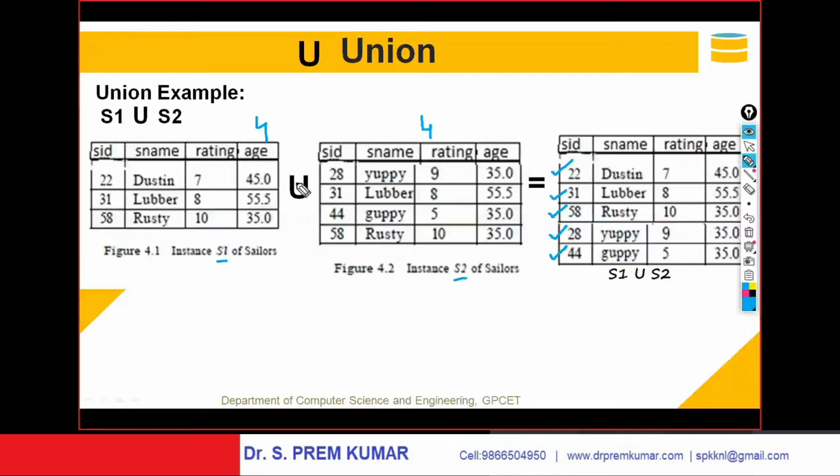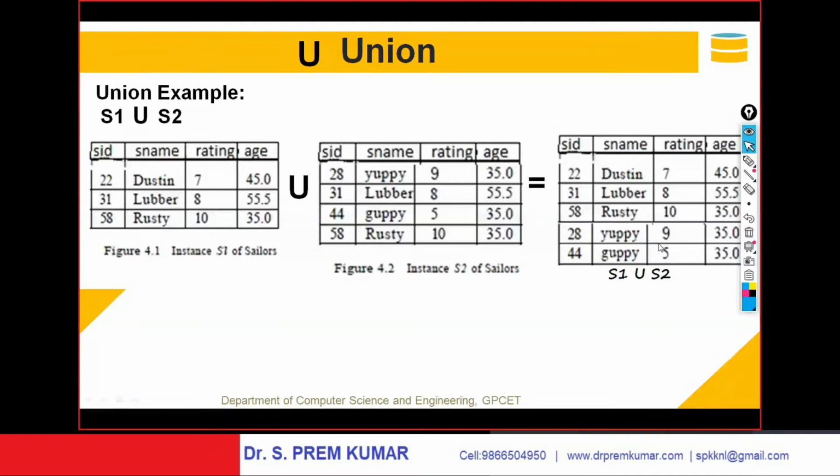Just a minute, please go through this. Also you can do S1 union S2 union S3. I am just demonstrating with only two relations, but you can extend this to S1 union S2 union S3 and so on. This is nothing but the union operation.